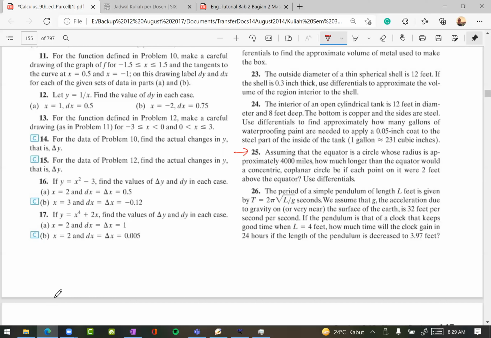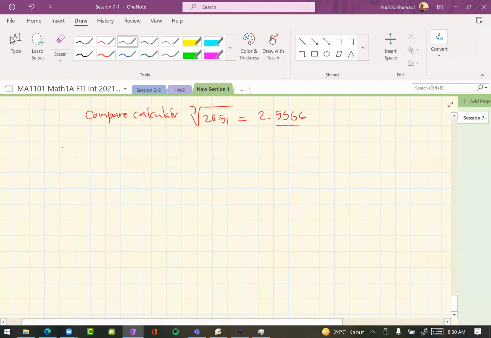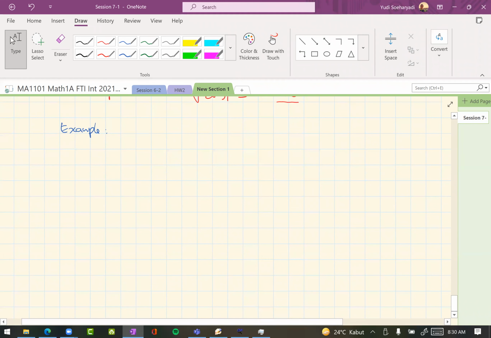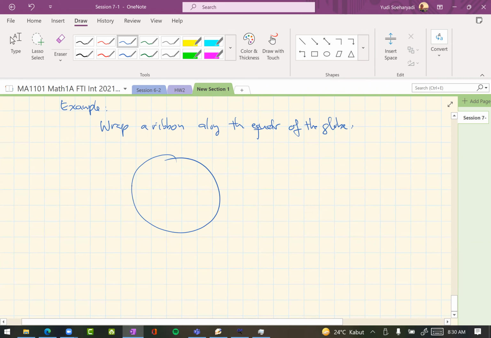So let me just retell you the story. Okay, say you want to wrap a ribbon along the equator of the globe. So this is the equator.